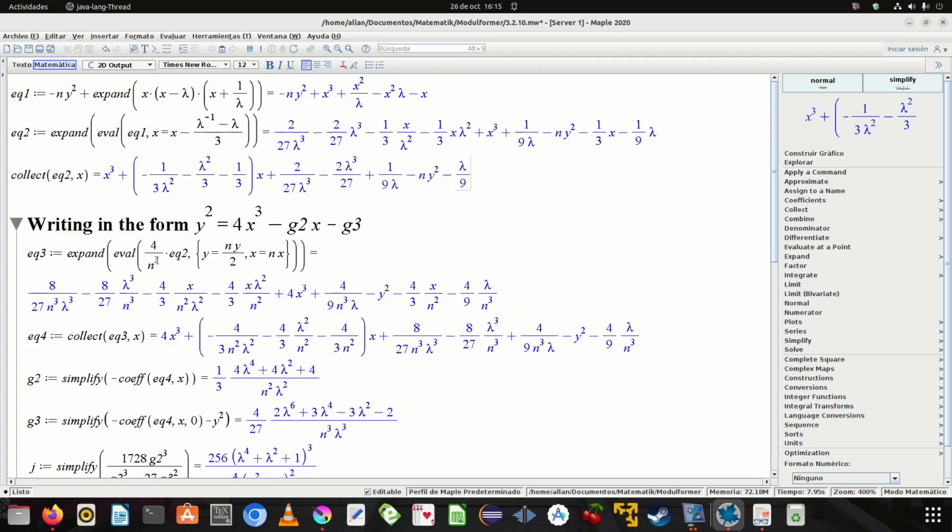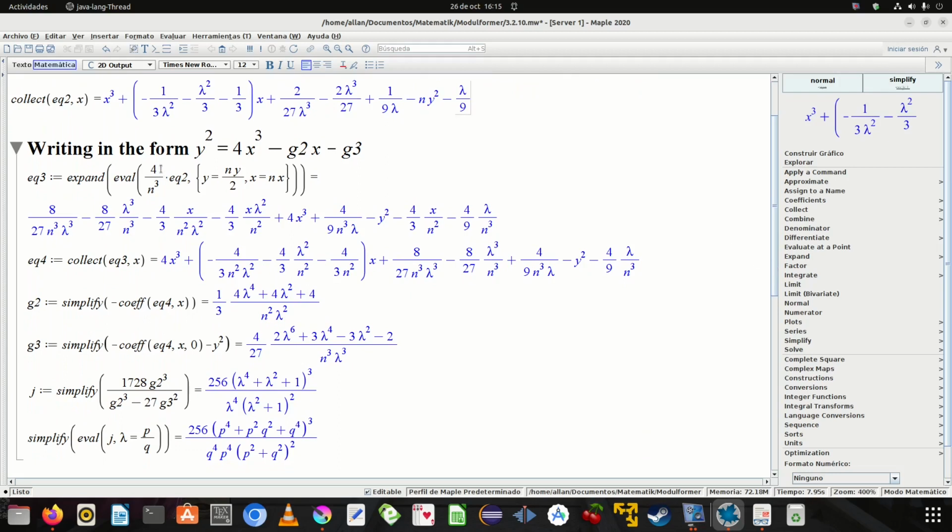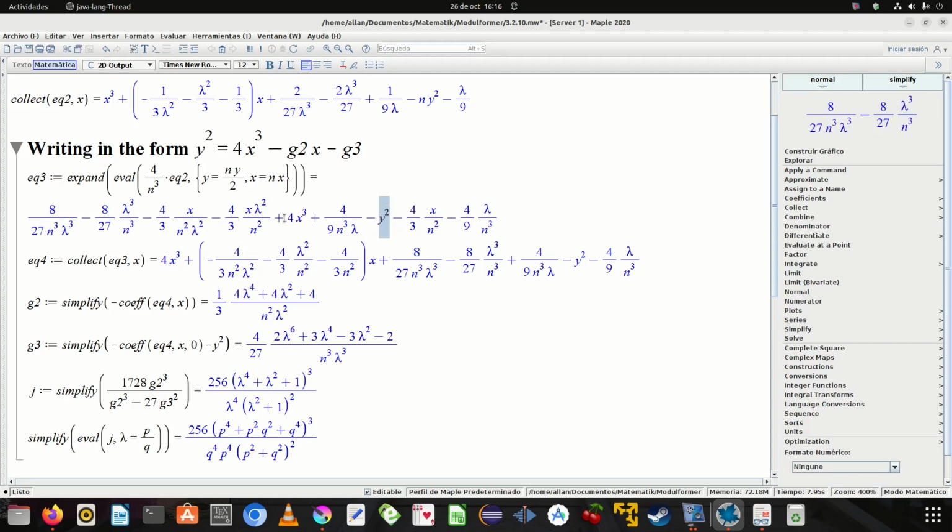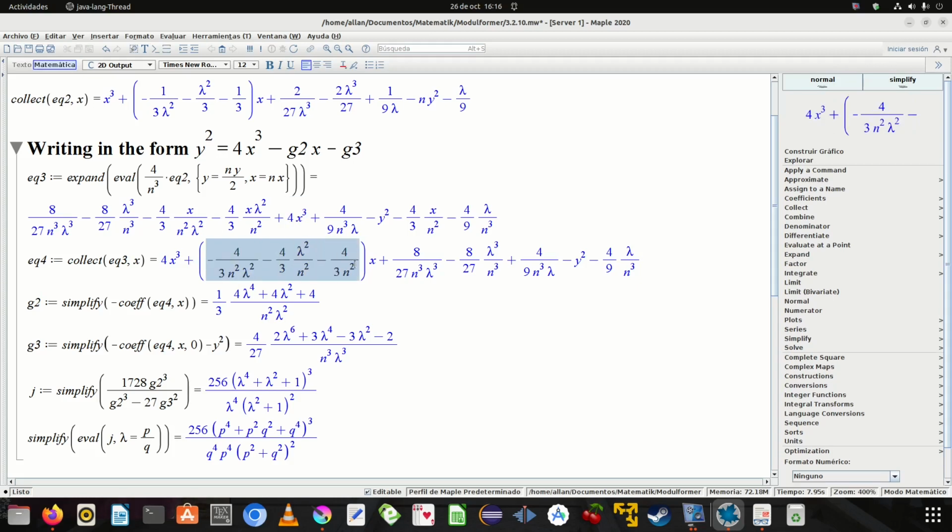Then we scale x and y and multiply by 4 divided by n cubed to get this equation. And we have then y squared equals 4x cubed minus this times x, and then this constant.